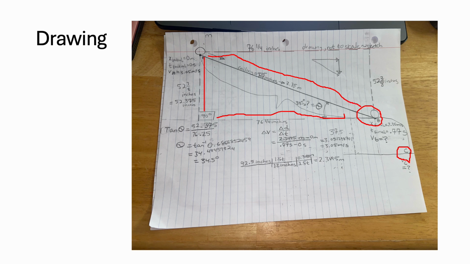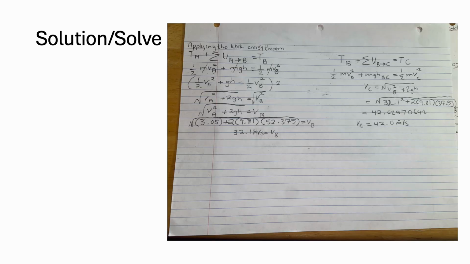Originally, we found it in inches and converted it from inches, which would help us to find the exact velocity at point A, which will help us to use the work energy theorem to solve for the certain velocity at point B, just before it hits the ground, and the certain velocity at C when it hits the ground, which we concluded as 32.1 meters per second and 42.0 meters per second.